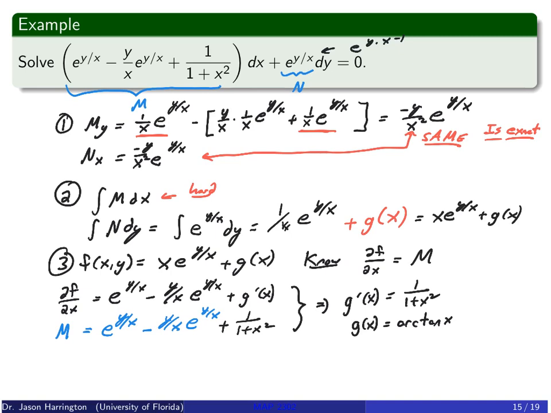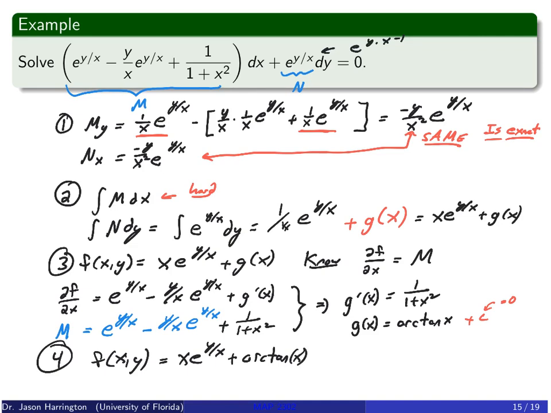I'll put this off in red. We're just going to let that be equal to 0 just to make the function easier. So for my actual function, we already wrote the function in 3, but now we actually know what g is. So f of x comma y is just going to be equal to x e to the y over x plus the arctangent of x.